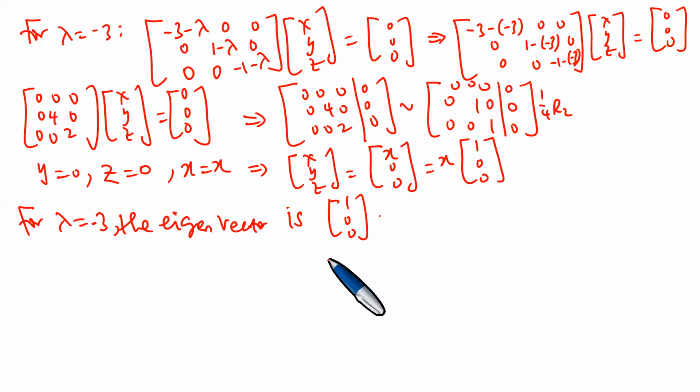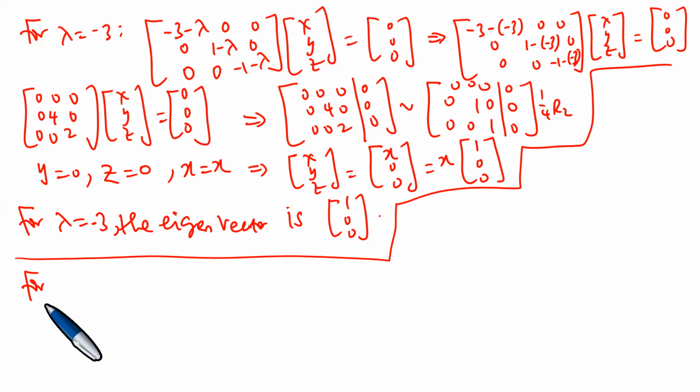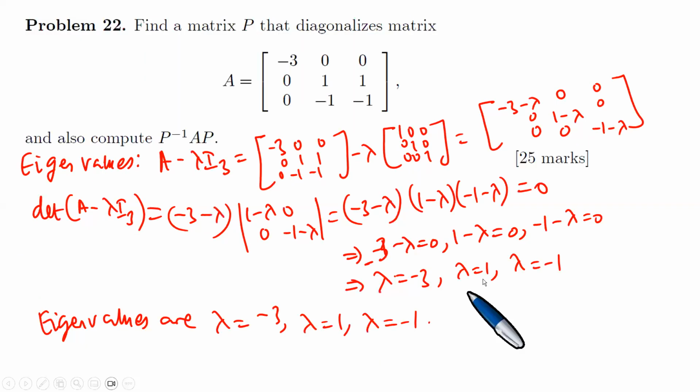Okay, we need to do two more vectors. So let's just do two more vectors. For the other one, lambda equals 1.